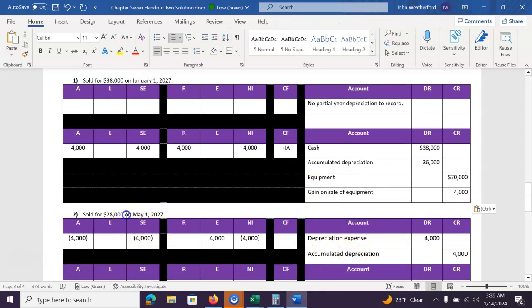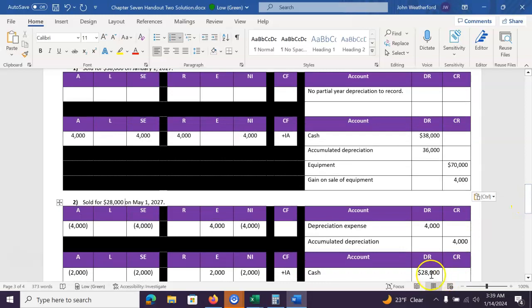All right, now we recorded this partial year depreciation here. Let's also record the sale for $28,000. Well, we now have that much more cash, right? So we'll debit cash for $28,000 to increase its balance. Asset increases on the debit side. Our accumulated depreciation would be the $36,000 from the first 3 years and $4,000 for the partial year.